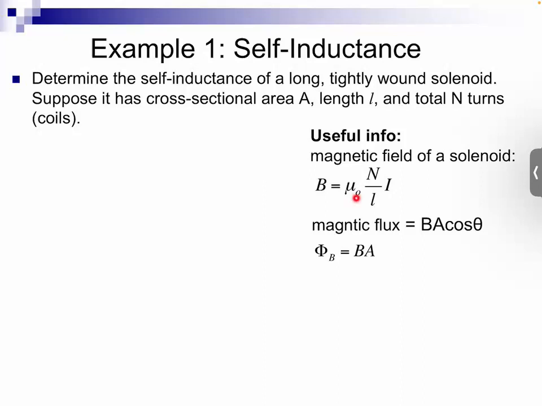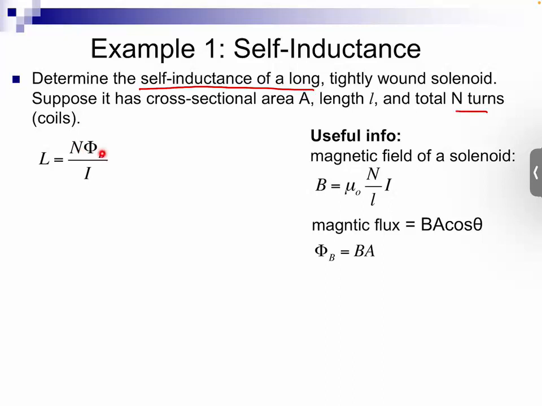We already know the magnetic field of a solenoid, and the magnetic flux is defined as BA cosine theta, and we want to find the self-inductance of that solenoid. The self-inductance will, of course, then relate to how much voltage will be induced in that coil if the current changes. Right. So from definition, the self-inductance depends on the number of turns, which is given.